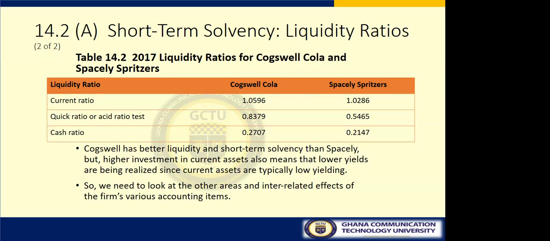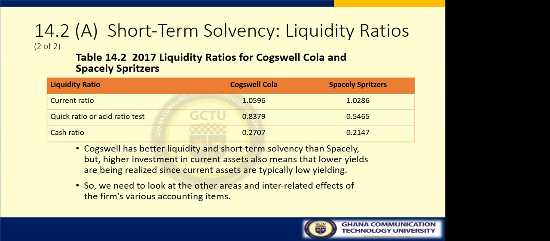Yes, please go ahead. Sir, this is Sandra. The quick ratio means that Cobweb Cola has assets they can quickly turn into cash to pay their short-term loans better than Spritzers.